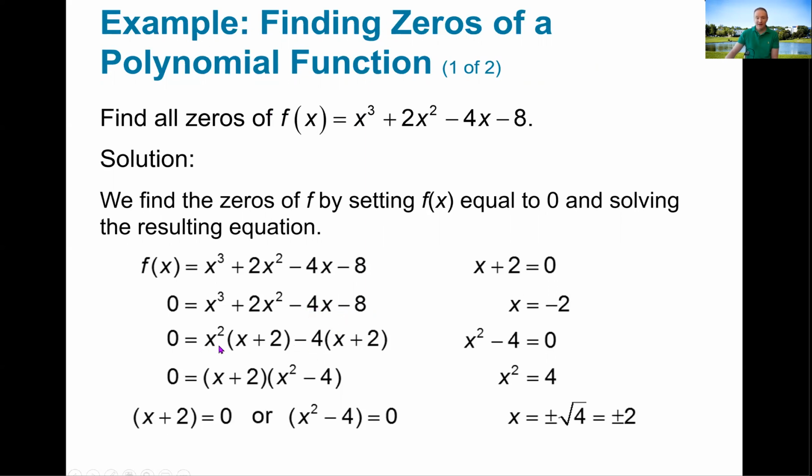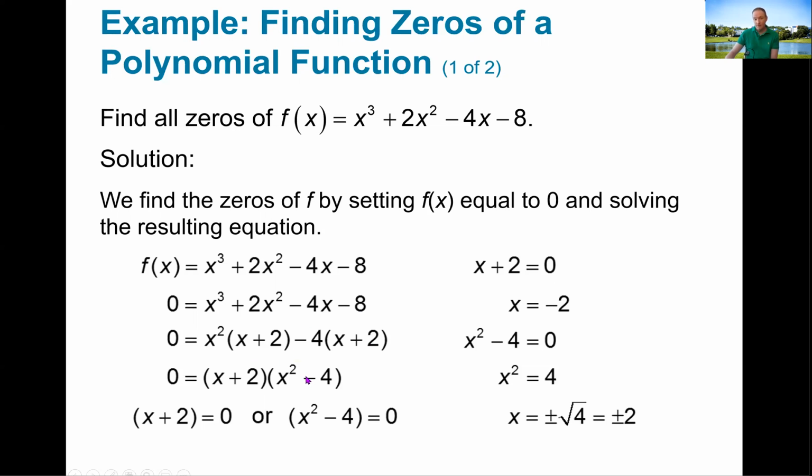When I pull out an x squared, I'm left with x plus 2. In the second group, when you factor out a -4, once again, you'll be left with x plus 2. So now the factoring by grouping technique says the term in common is the factor x plus 2. What's left over when you factor that out? Well, x squared minus 4.